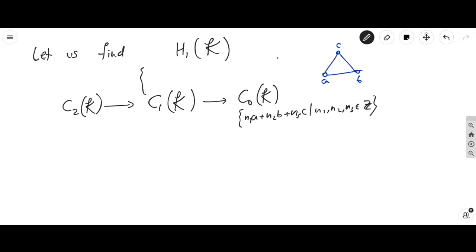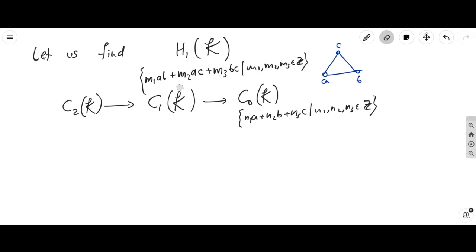And this one would be generated by all 1 simplices. So you have to find the 1 simplices, but when you write down the 1 simplices, you just choose an arbitrary orientation. The orientation does not really matter, you just pick one. So let's say you go from A to B. So you can have, let's call it, M1 AB plus M2 AC plus M3 BC, where the coefficients are integers.